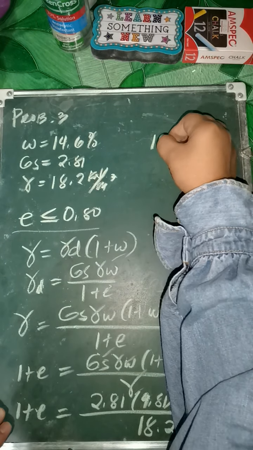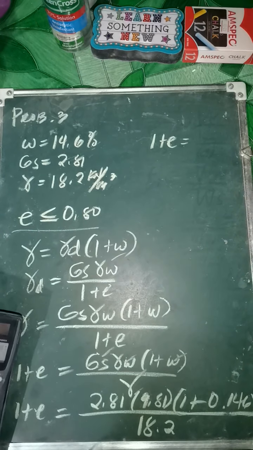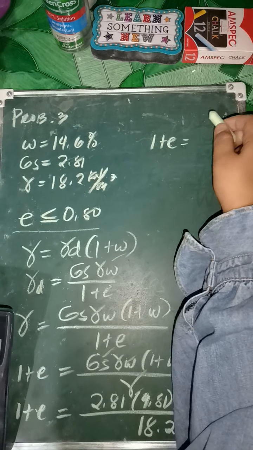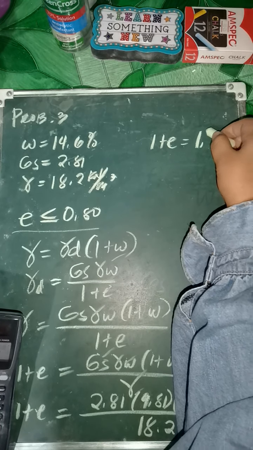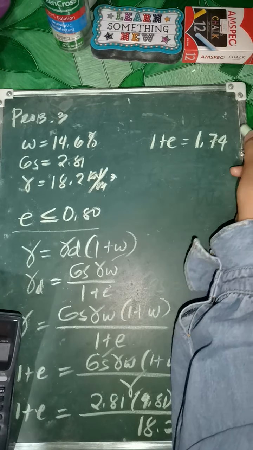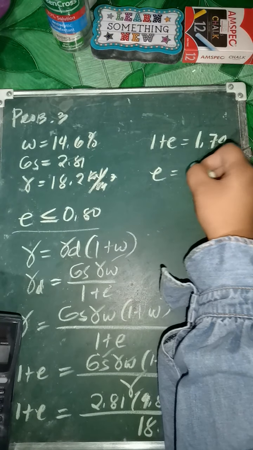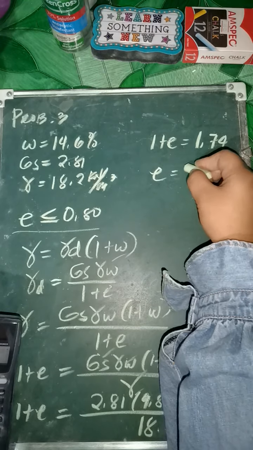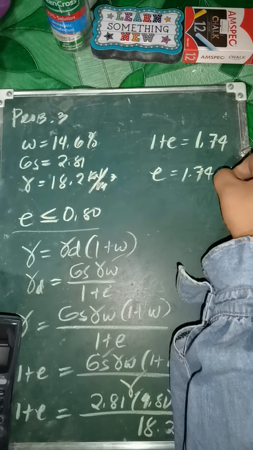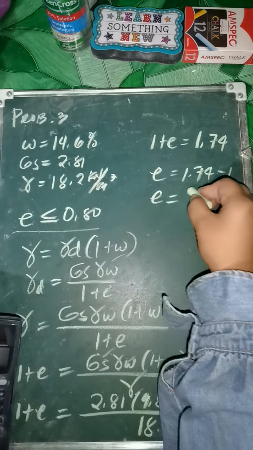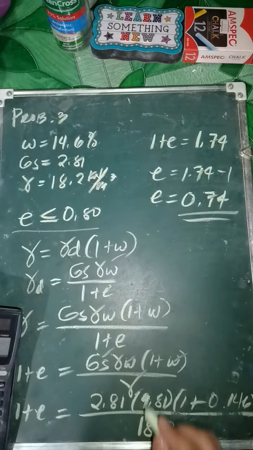So our 1 plus E equals 1.735, or that is 1.74. So we have E is equal to 1.74 minus 1. So our void ratio is 0.74. Now, that's the value.